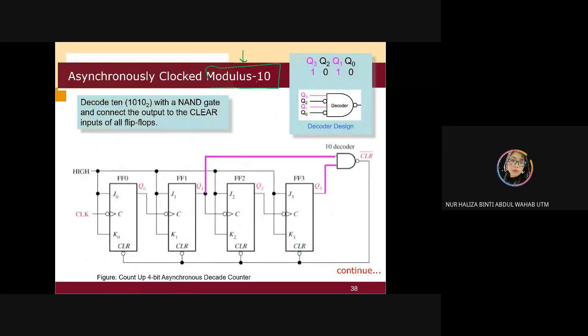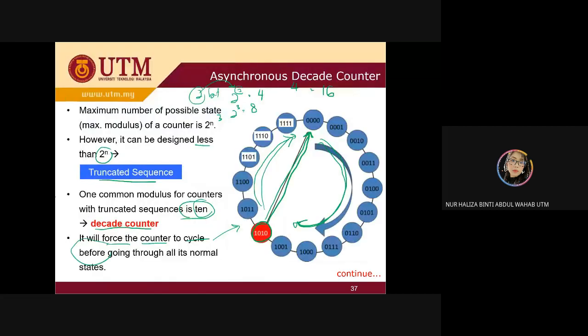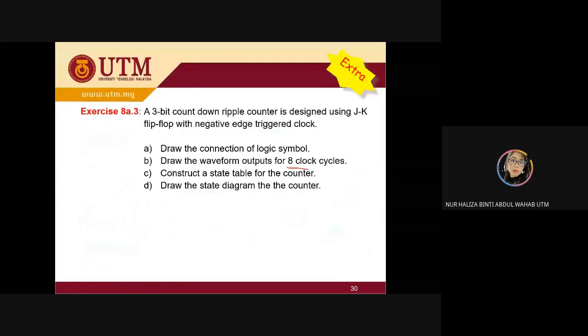Okay, if you have modulus 10, what will happen, and what is the difference between the decade counter and your normal ripple counter?